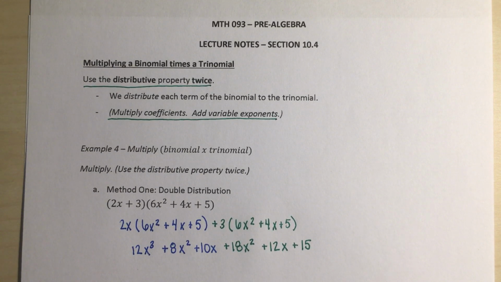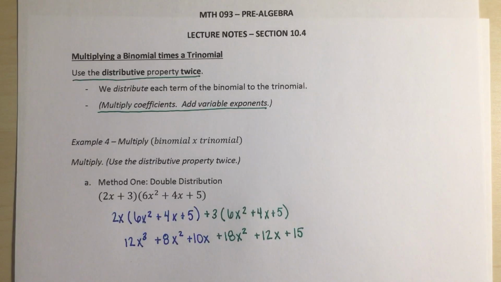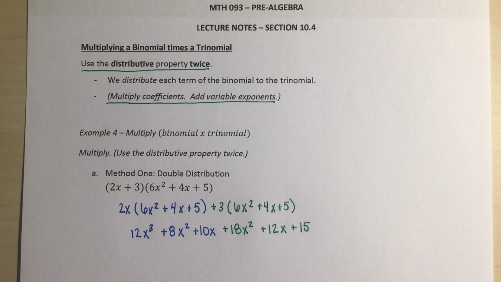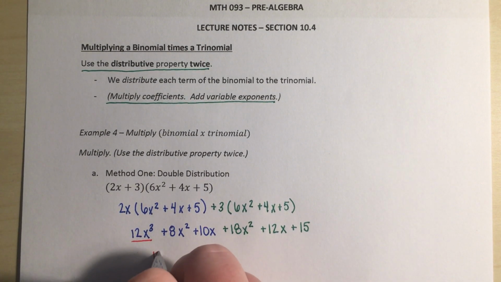Now, whenever we're working with polynomials, we want our answer to be in simplest form. Remember that simplest form means that we have the least amount of terms. Looking at this particular answer, we do have some like terms, so we're going to combine our like terms. As we write our answer, we're going to make sure we write it in descending exponential order as well. Our first term is going to be this 12x cubed.